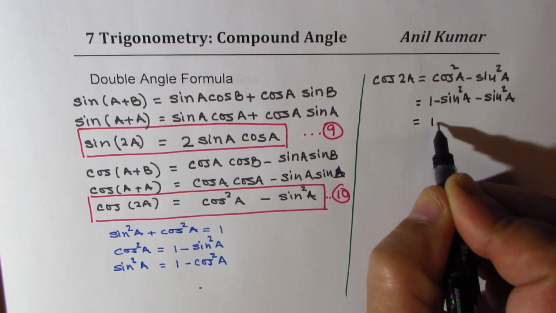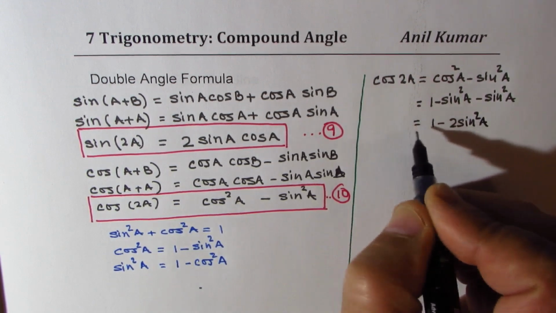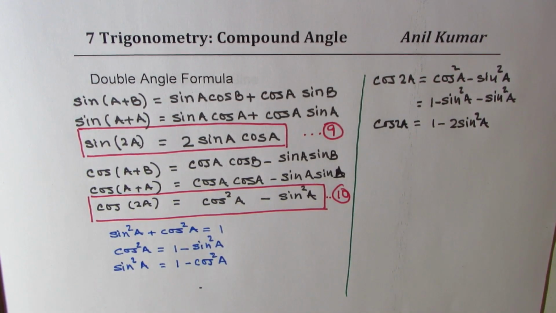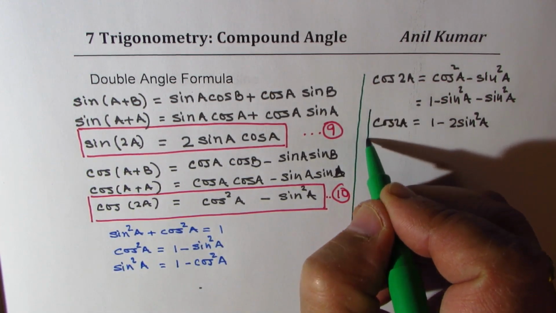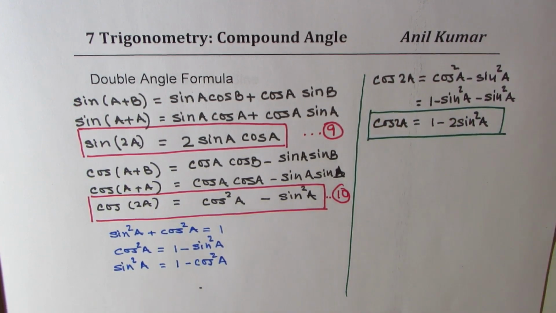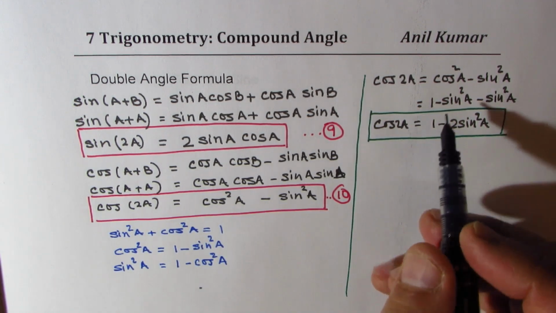What do I get? I get 1 minus 2 sin square A. So we have another form of the cos 2A formula. Let me highlight this also, which is cos 2A equals 1 minus 2 sin square A.